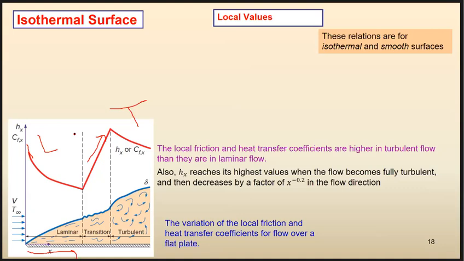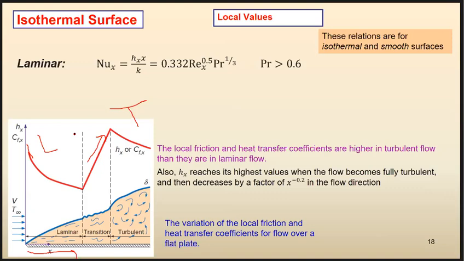There are so many correlations and equations to calculate the heat transfer coefficient or Nusselt number. As you remember, instead of using h, you use the dimensionless form of the convection transfer coefficient, called the Nusselt number.